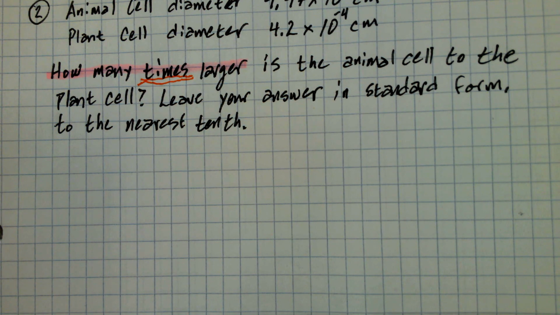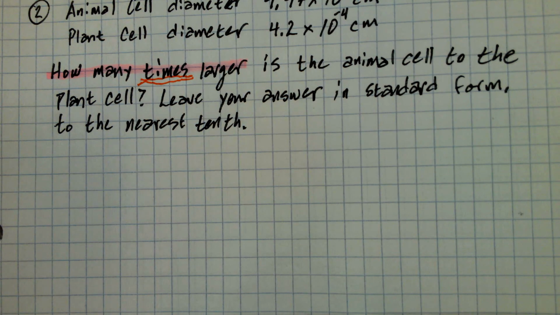How much larger is comparing just the actual sizes. What does that tell us to do when we're asking how many times greater? It's dividing. It's comparing with a ratio.